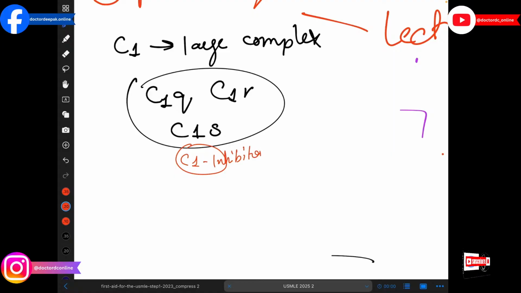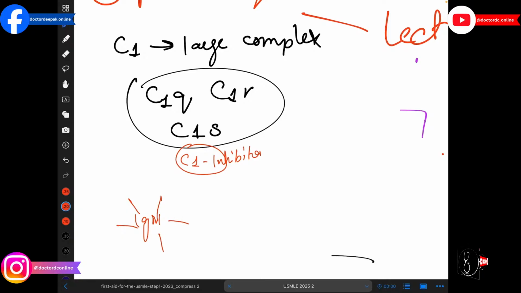Normally it is inactive due to the C1 inhibitor attached to it, but it must bind to two Fc portions close together for activation. What's going to happen, for example, with IgM?